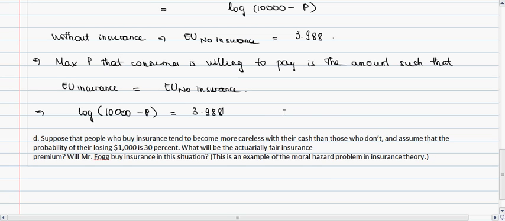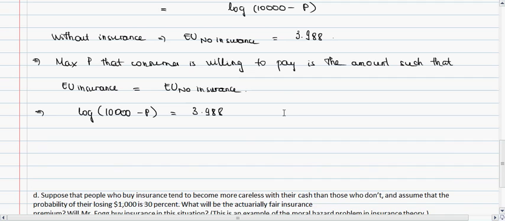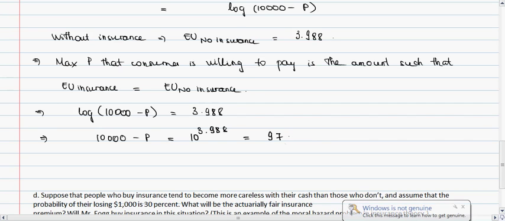Okay, so now if I raise both sides of this equation to the power of 10, to get rid of the log, I am going to get 10,000 minus P is going to be equal to 10 to the power of 3.988, and that is going to be equal to 9,727.5.